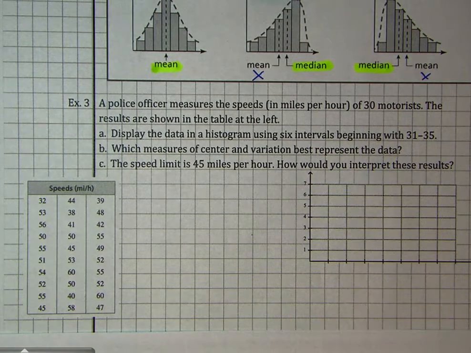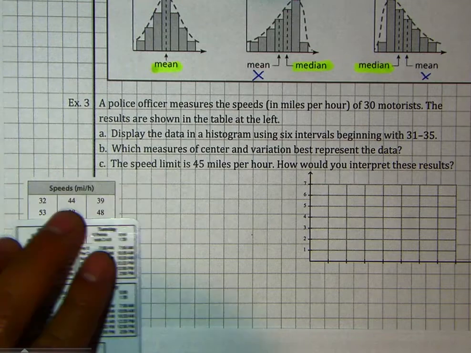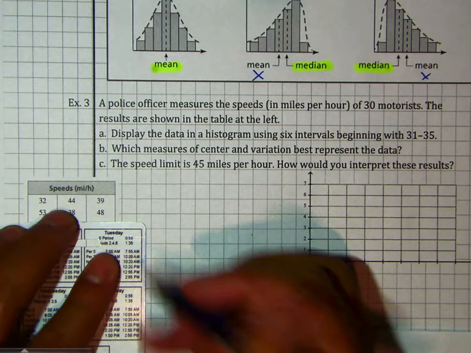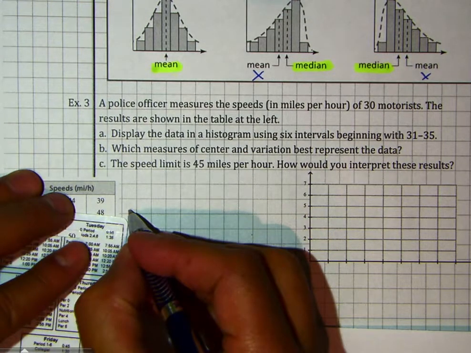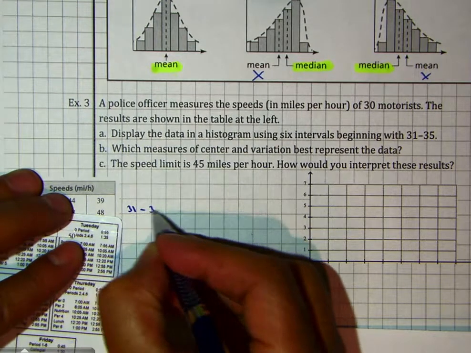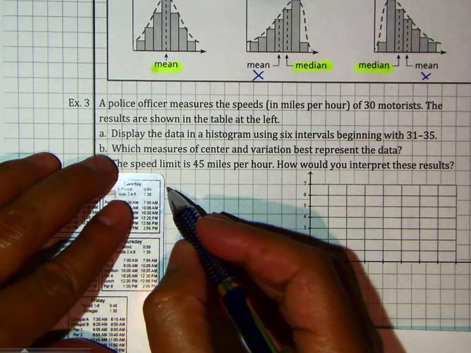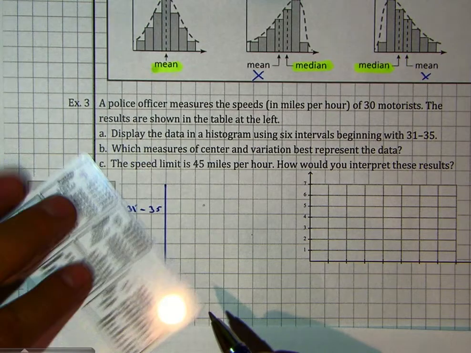So let's go ahead and make a table of values. You can use your ID, or a ruler, or just a straight edge will be fine. Let me make enough space so I can write down 31 to 35. Those will be my buckets, my intervals.